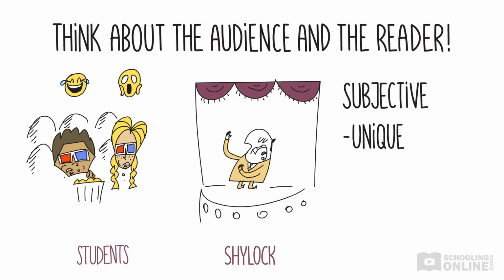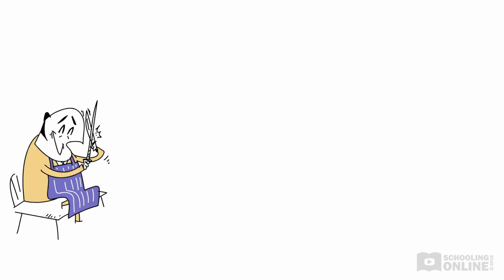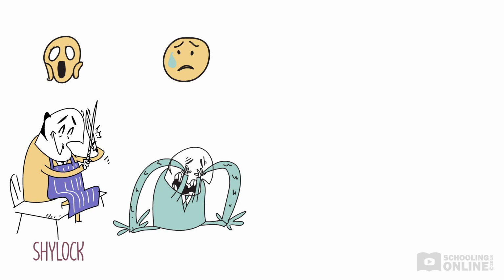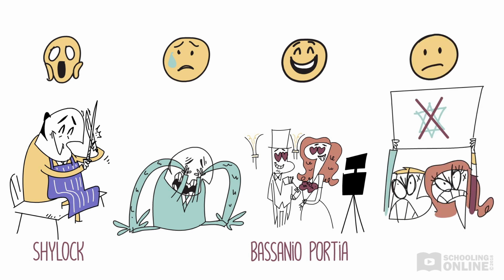Your own unique qualities, past experiences, and social context will impact how you feel when you watch or read the play. You might be horrified at Shylock's cruelty, yet sad when confronted with his ultimate downfall. You might be overjoyed when Bassanio wins Portia's hand in marriage, and laugh when Portia and Nerissa play a prank on their husbands, but also feel uneasy that the supposed good guys are racist.